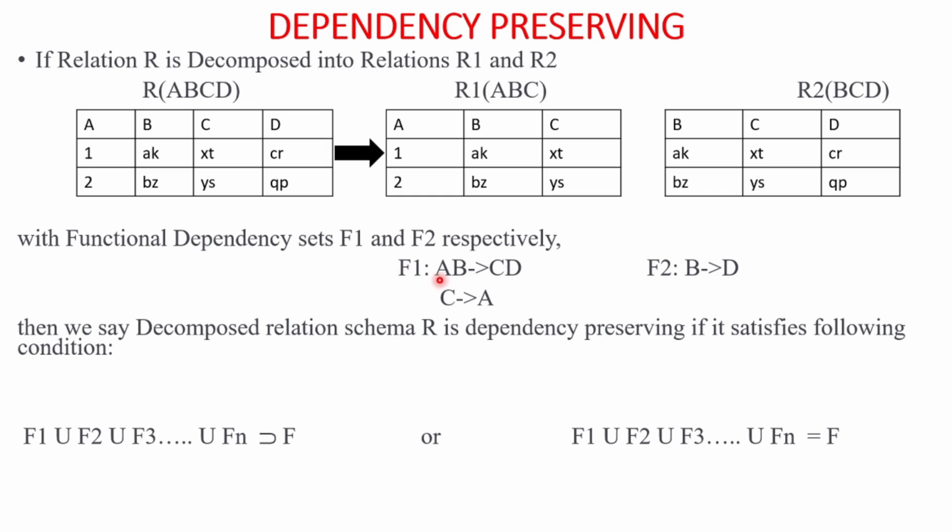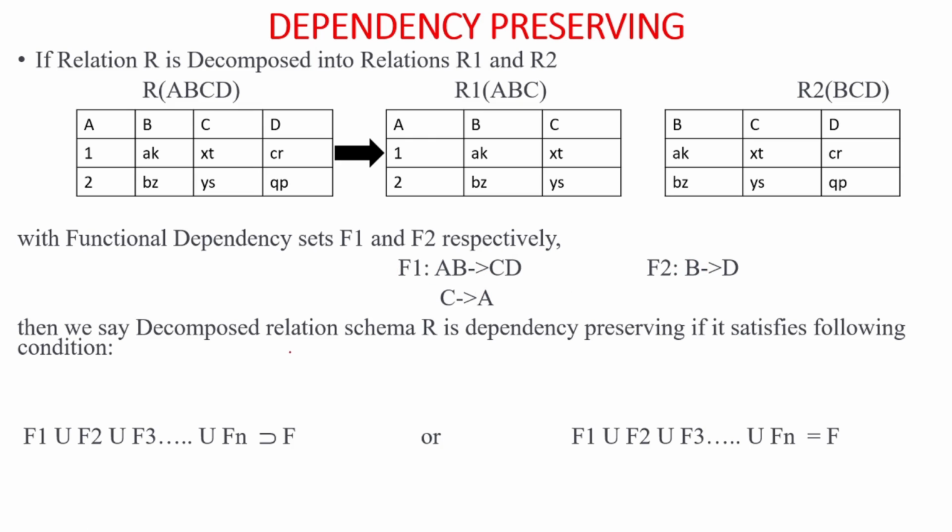F1 and F2 only, because we have only two tables, R1 and R2, after decomposition. So for them, their respective functional dependency sets are made, F1 and F2. Now if you make the union of these both, you should get the original set F.